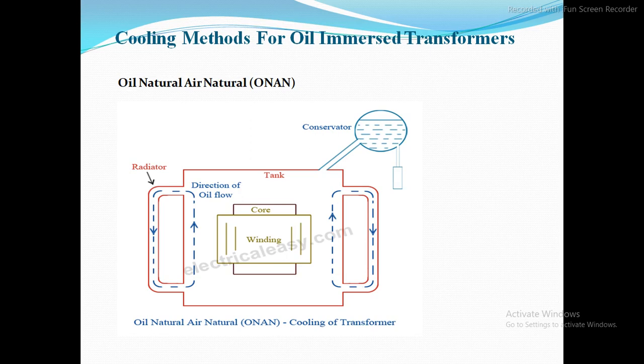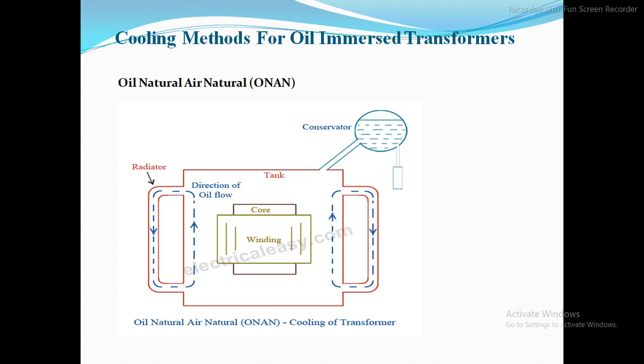Convection means the circulation that happens, like the water cycle: when there is sunlight, the water is converted into vapors, and the vapors are again converted into rain. This is called what? Natural convection method. So in this method, the circulation of heated oil is due to only natural convection.